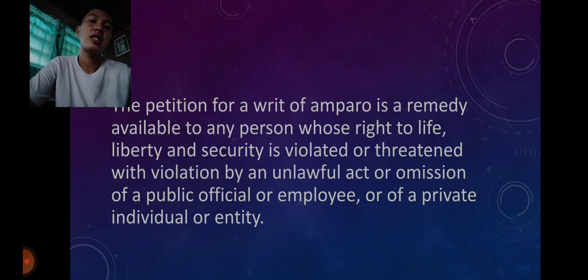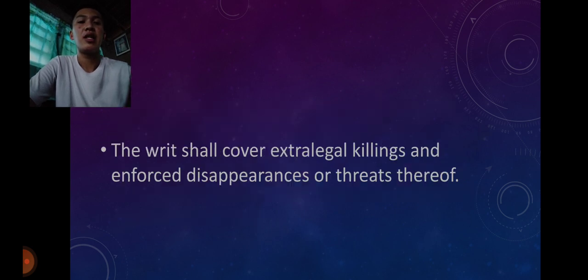So usually sa mga kuan sila ganang mga tao nga kana ganing naanay mga kuan sa tawag nila na sila status like kana mga employees, officials, may nana ba. The writ shall cover extralegal killings and enforced disappearances or threats thereof.